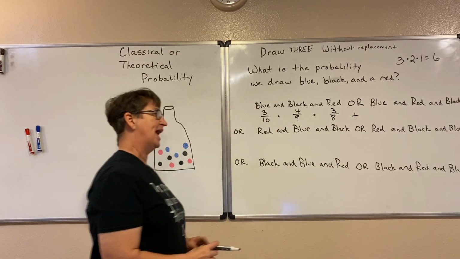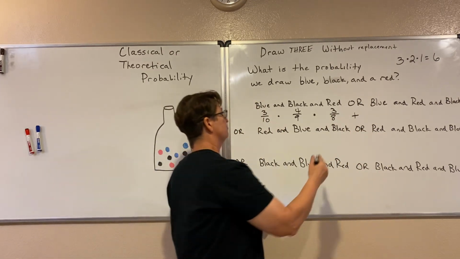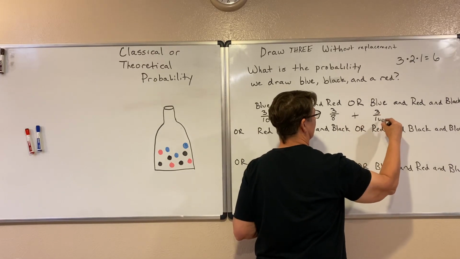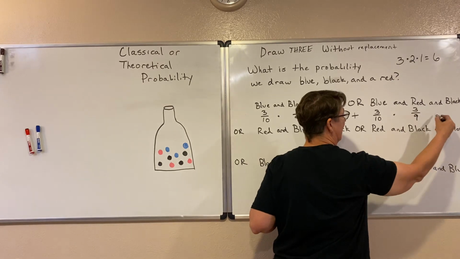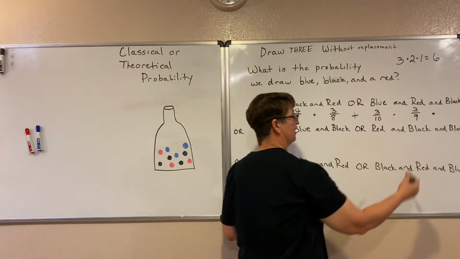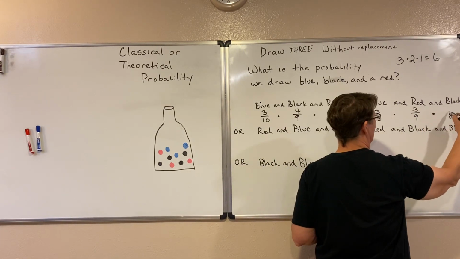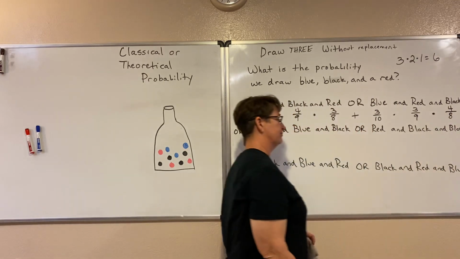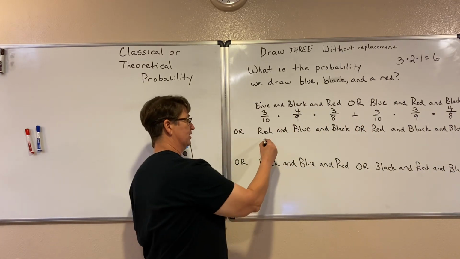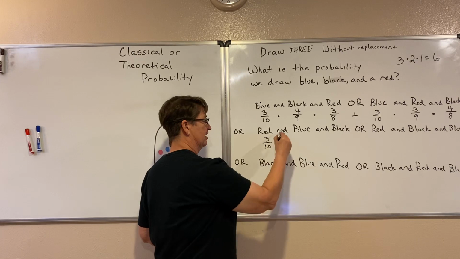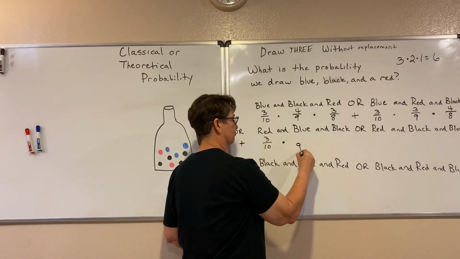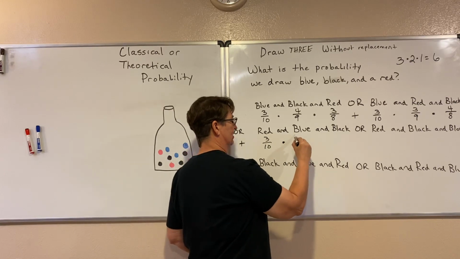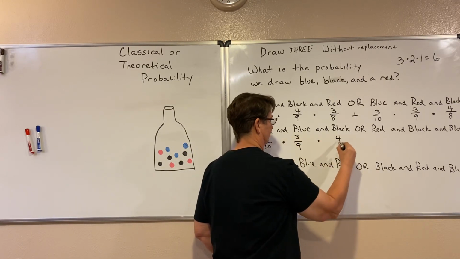That or tells me to add. The blues, still 3 out of 10. I've taken one out, so I'm down to 9, still 3. The and tells me to multiply each time. And the blacks, I'm now down to 8, but I have 4 in there. I'm going to put in the probability for each one of these, remembering that the ors tell me to add and the ands tell me to multiply.